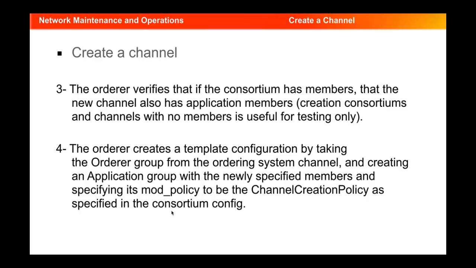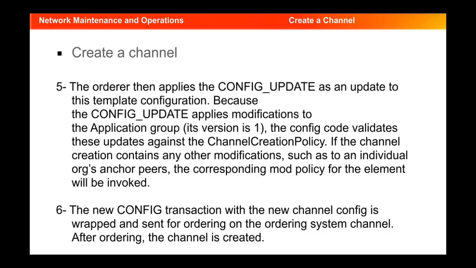So if you don't understand the mod policy and the consortium config, once you get into the lab section, you can see the files that it will be creating and it will be clear to you. So please follow along.